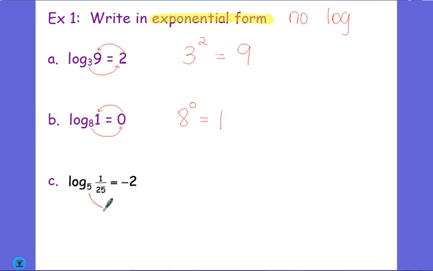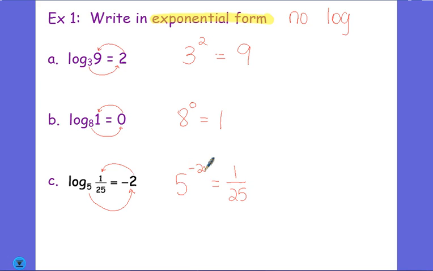5, circling over here to the power of -2, circling back over here equals 1 over 25. 5 to the power of -2 equals 1 divided by 25. If you type this in your calculator and you hit math, enter, enter, you will get 1 over 25.